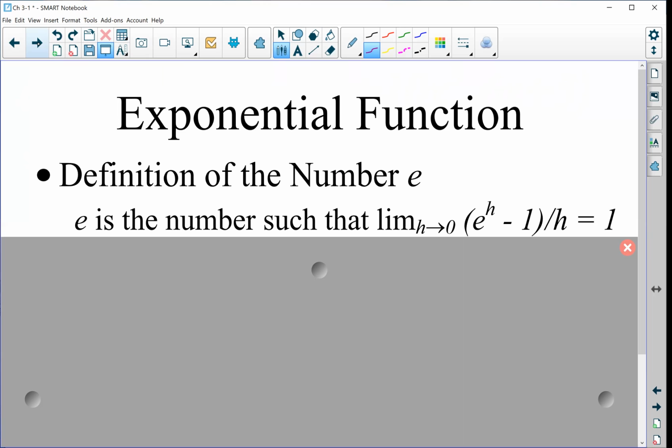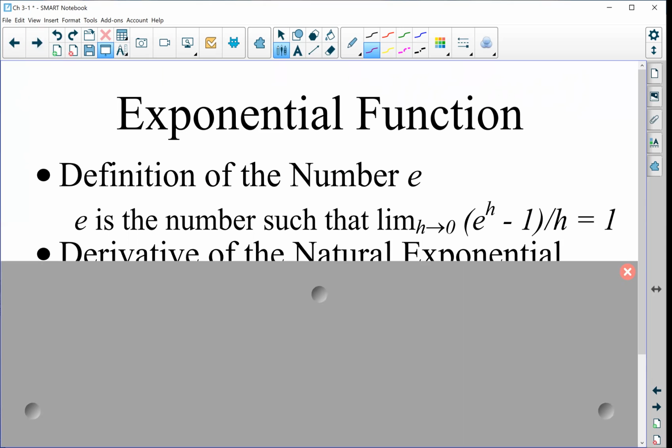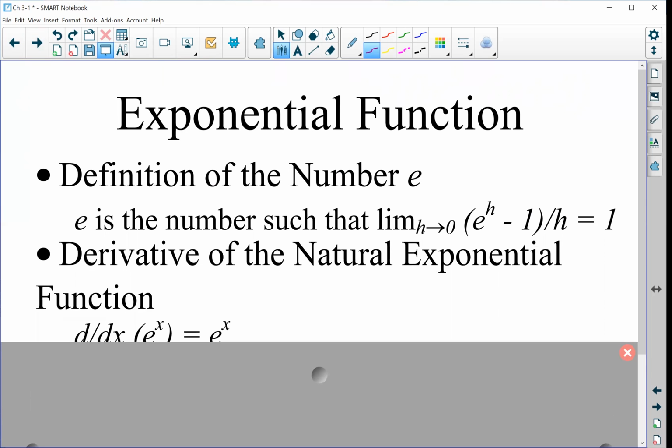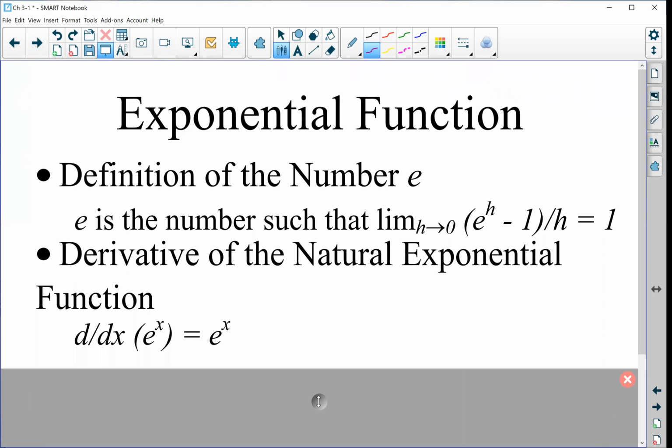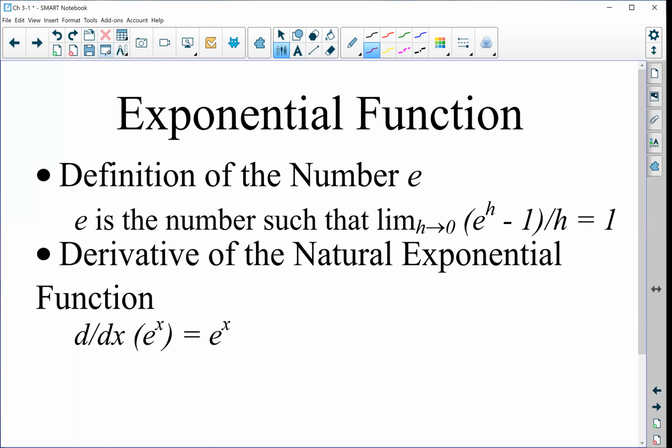All right, so the derivative of e to the x is e to the x. It's its own derivative, which is pretty unique.